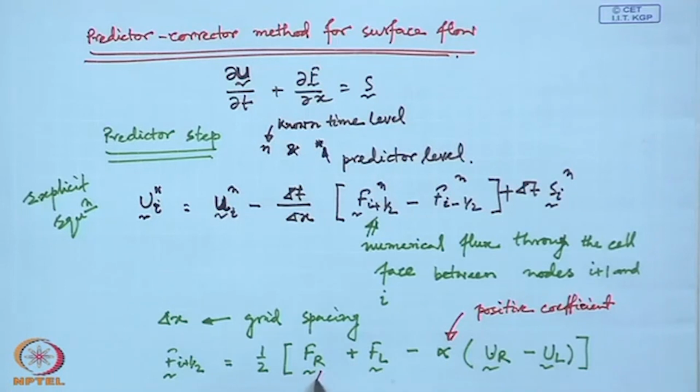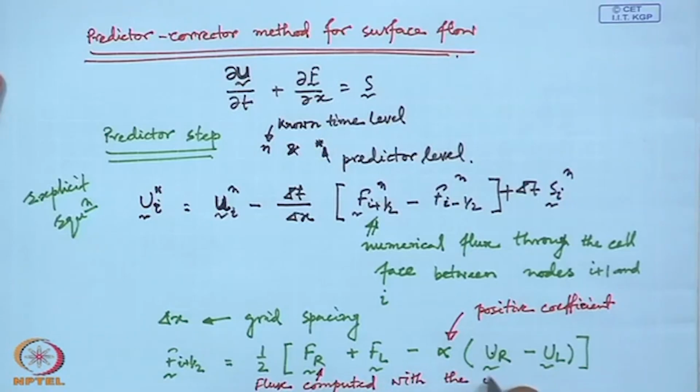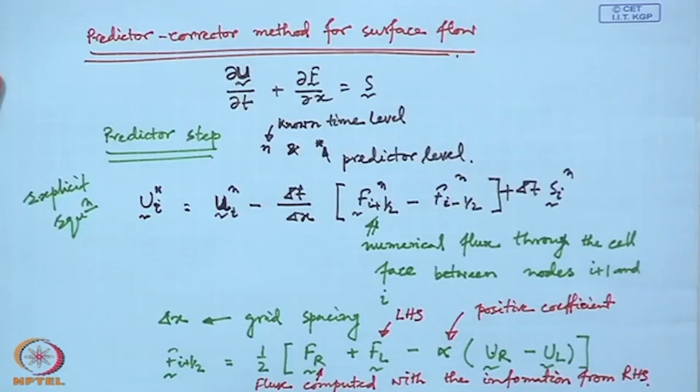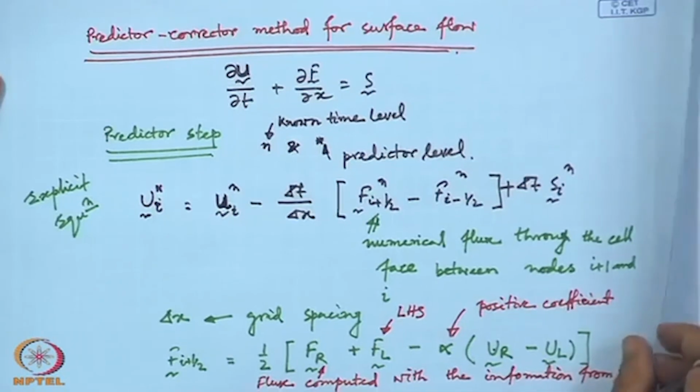So, FR is basically flux computed with the information from right hand side, and this is with the information from left hand side of the cell face, and UL and UR are obtained using a particular expression.